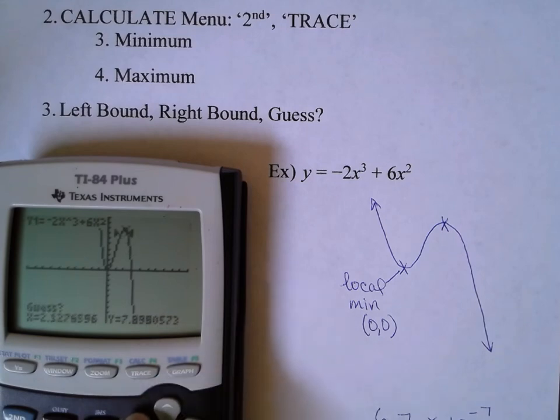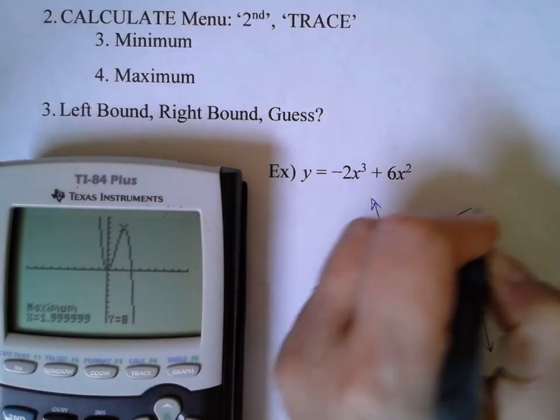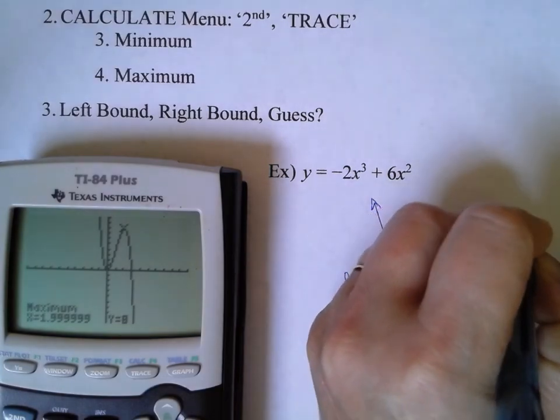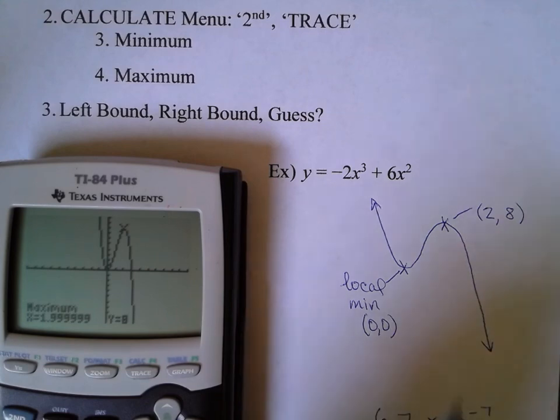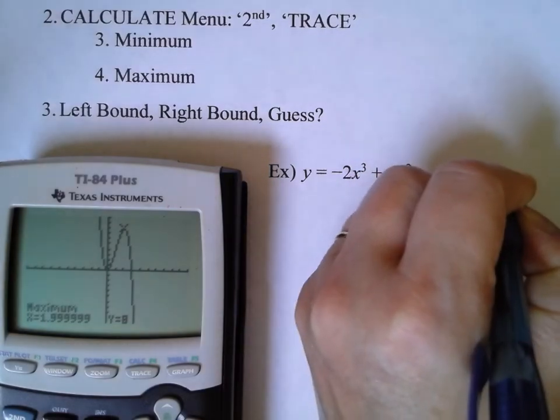And as we've just seen, it is a tiny bit more accurate if you give it a guess. I'll leave that up to you. So we're going to round that to 2, 8. Now I picked nice round numbers for this one. They're not always going to be exactly on the whole number like these are. Okay, so it's possible we might get 1.9 as an x value, and that's okay. This is the local max.